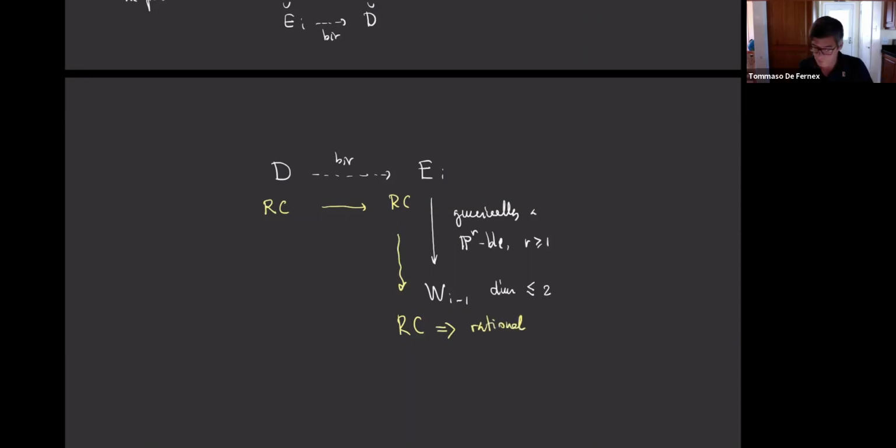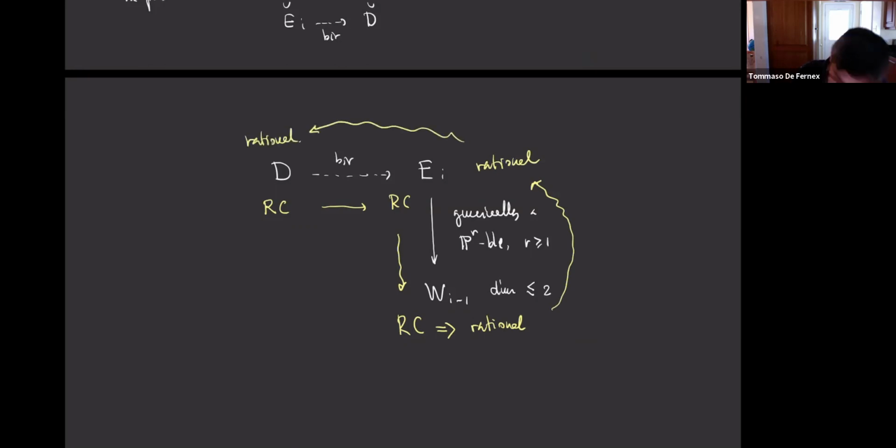So now this WI minus 1 is rational. But because I have a projective bundle over it generically, EI is rational. And therefore, we see that D is rational. So it's a pretty simple thing.